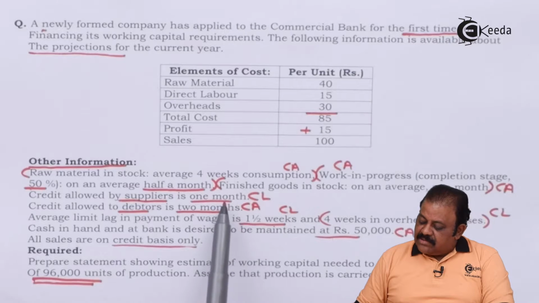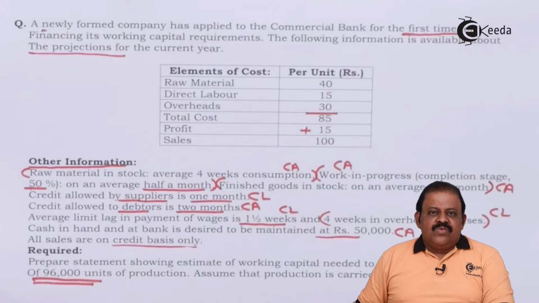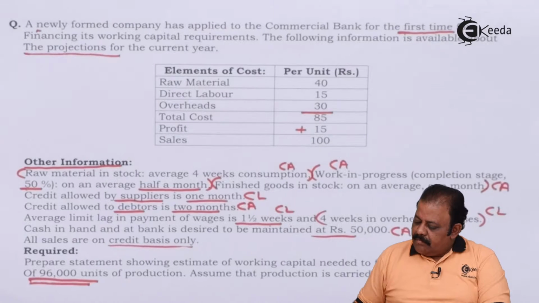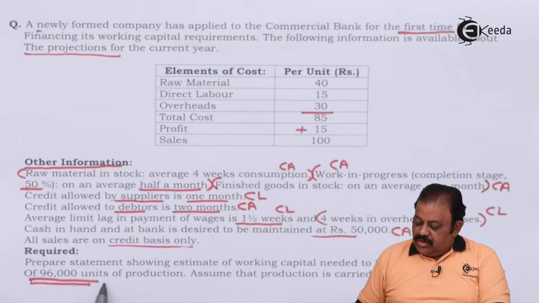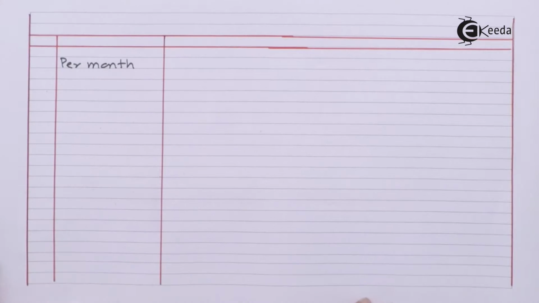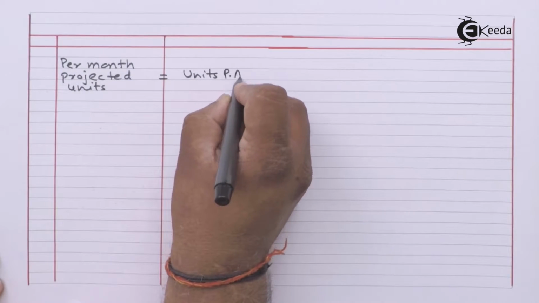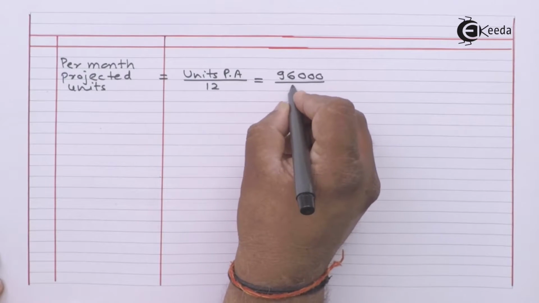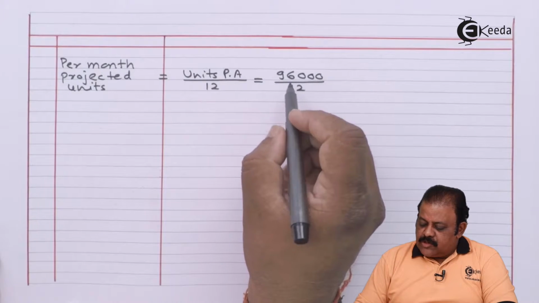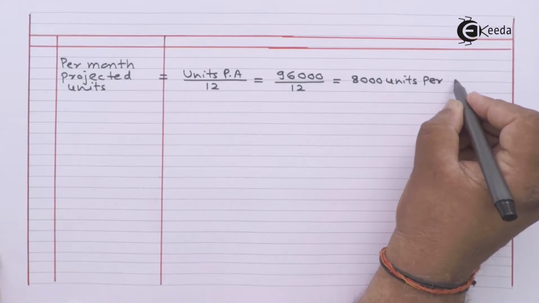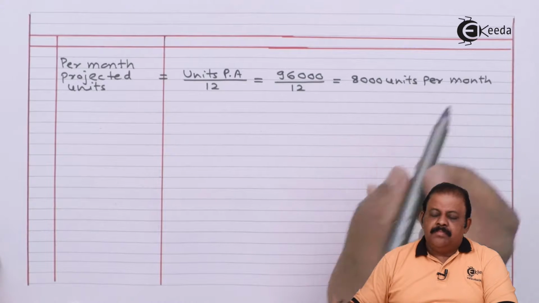Here some information we have in months, some information we have in weeks. So we are required to decide whether we'll have our calculation of cost statement on a monthly or weekly basis. It will be easy for us if we keep the cost statement on a monthly basis, and wherever weekly information is there, we will convert accordingly. Activity level for the current year is given, 96,000 units. Units per annum 96,000 divided by 12 months, so it is 8,000 units per month.